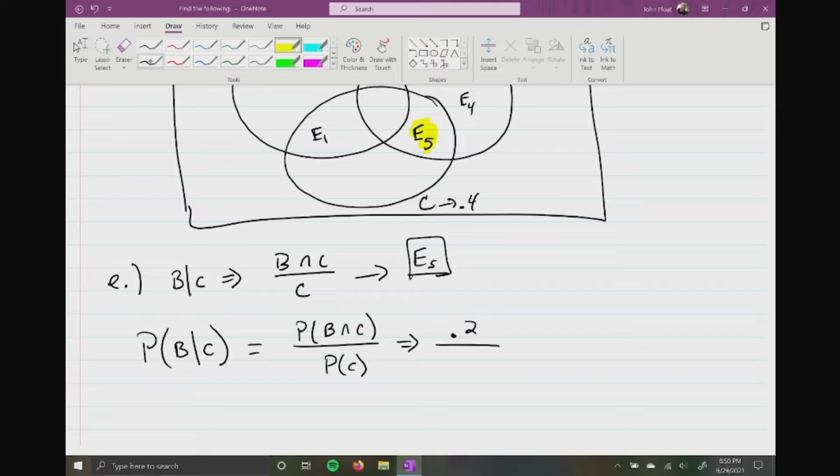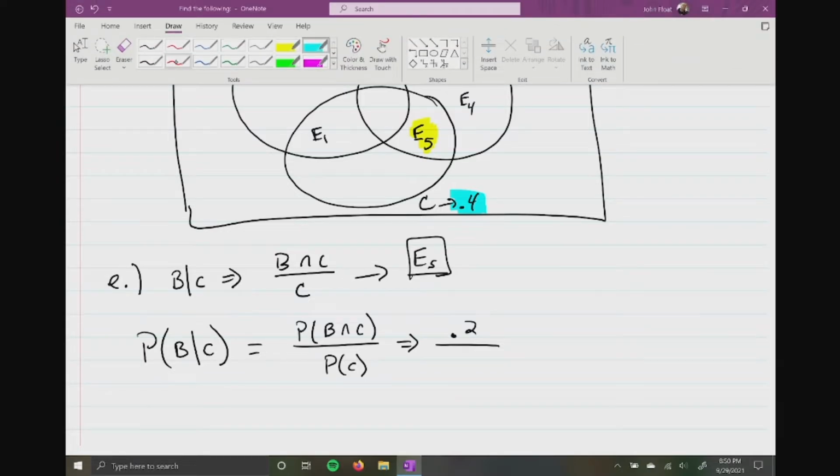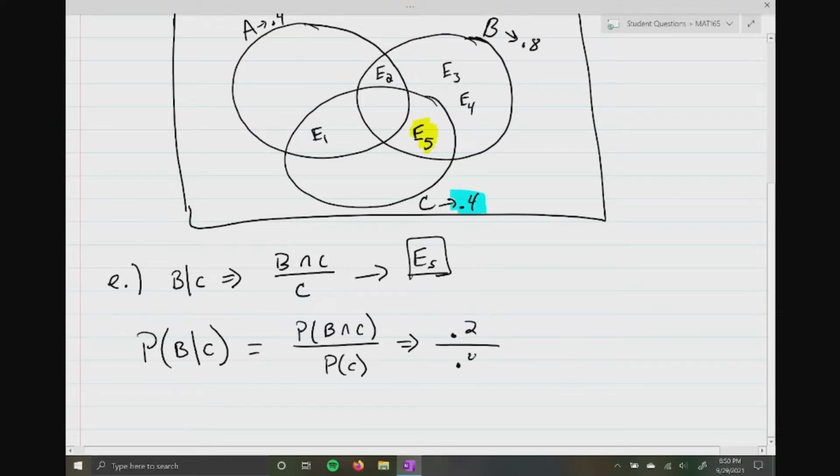Now, for the probability of C, and I'm going to highlight that in blue, is all the way down here. It was given to us in the total events, because you got to understand, you have 2 events in C. You have E1 and E5, all right? So the probability of C is going to be 0.4. And when you divide 0.2 divided by 0.4, you're going to get 0.5, all right?